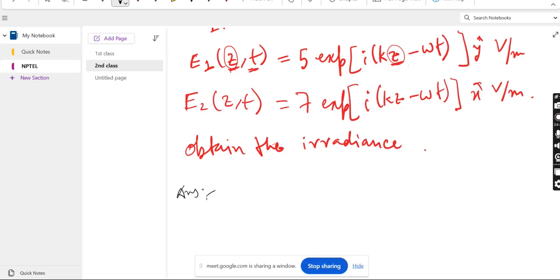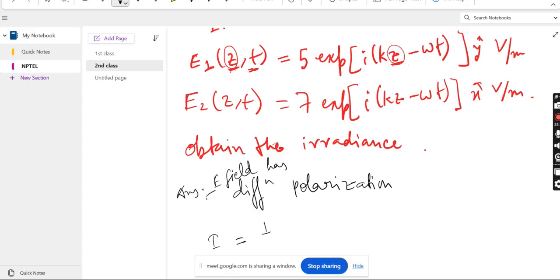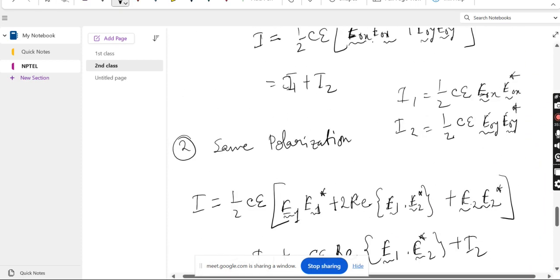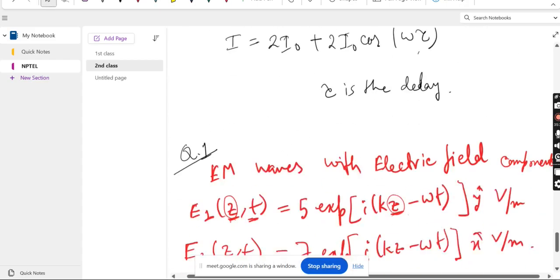Here we can clearly see that the field has different polarizations. So I would be half of c epsilon, E naught x dot E naught x star.